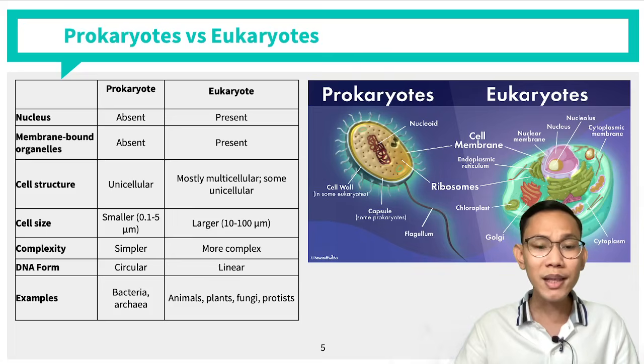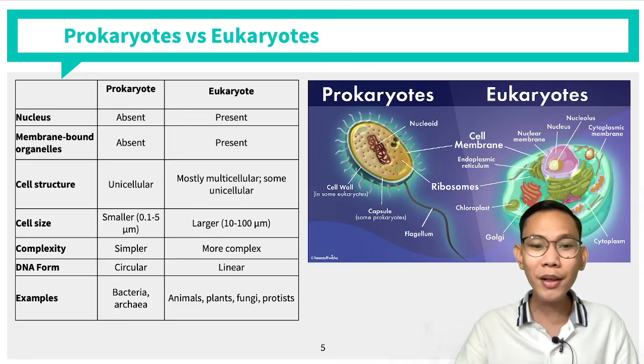In terms of cell size, your prokaryotic cells are smaller compared to your eukaryotic cells. In terms of complexity, since they are unicellular, much smaller, and have no organelles at all, they are simpler compared to your eukaryotic cells. In terms of DNA form, your prokaryotes are circular, while your eukaryotic cells are linear.